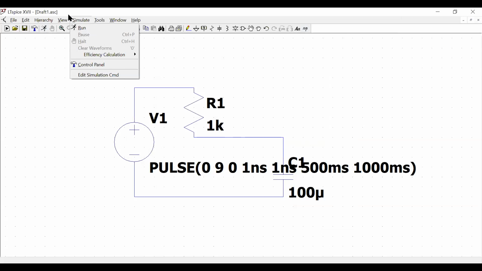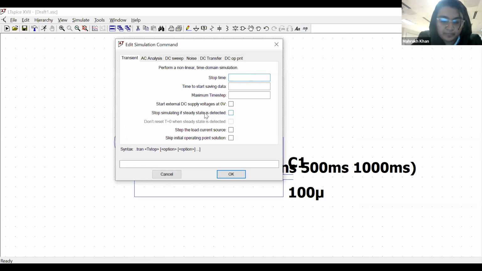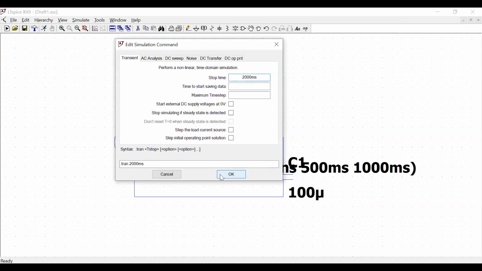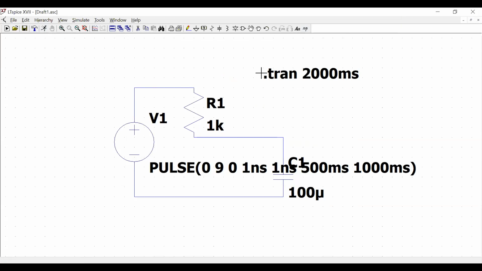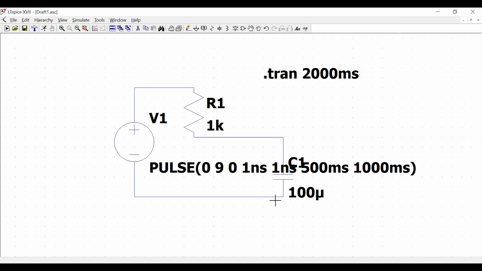R is 1K, multiplied by C. K is 10 to the third, and micro is 10 to the -6, so you get 10 to the negative third, which means milli. Can you calculate it and tell me in seconds what RC is?